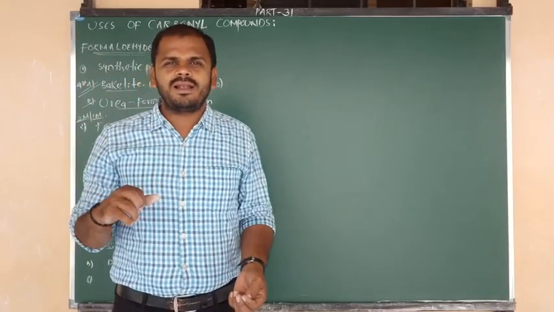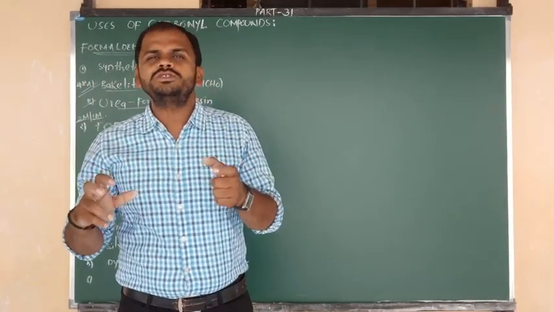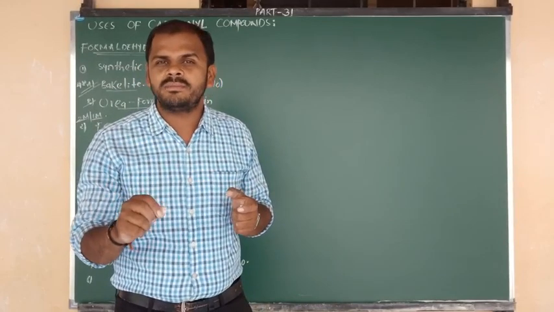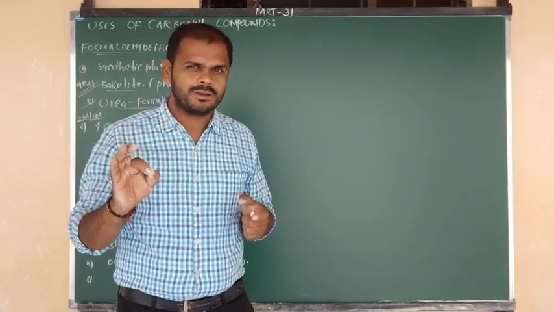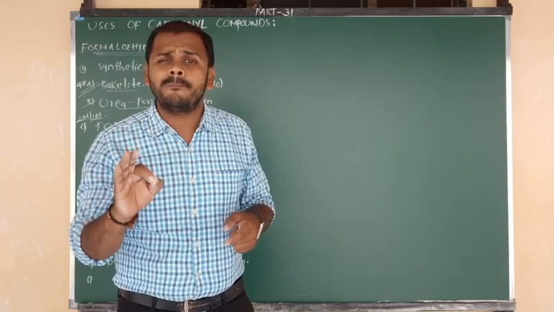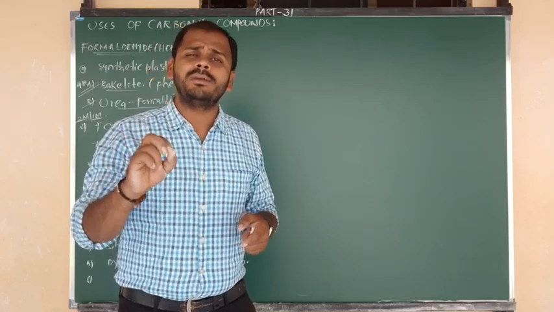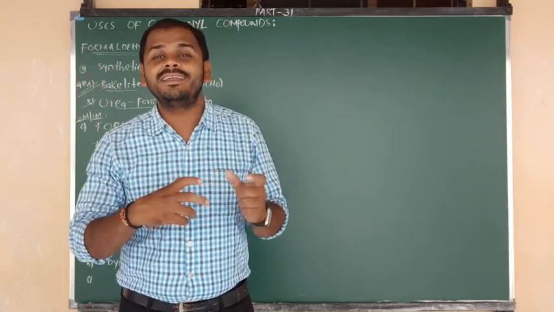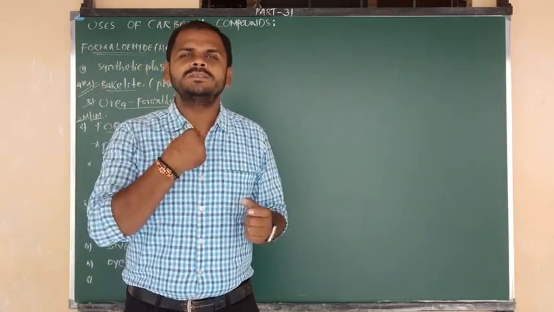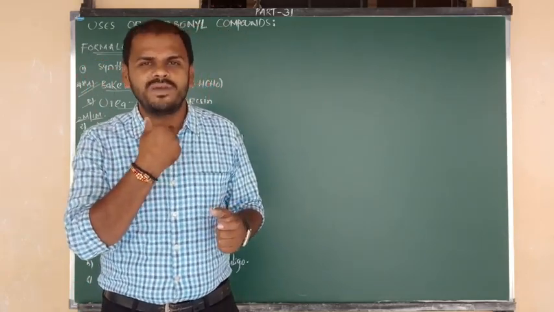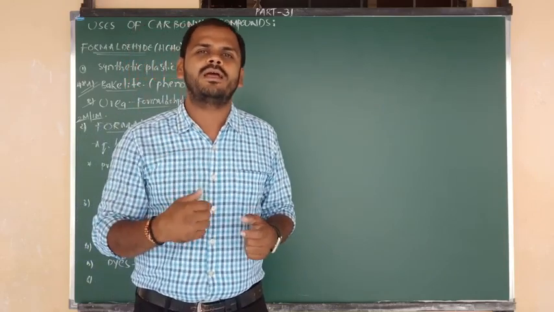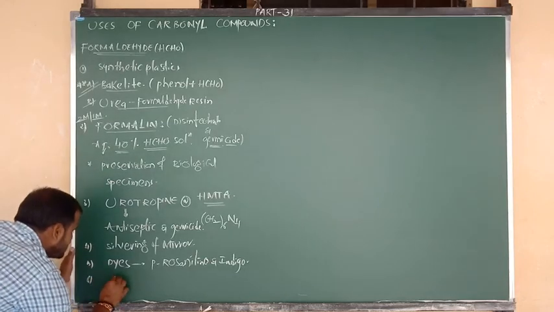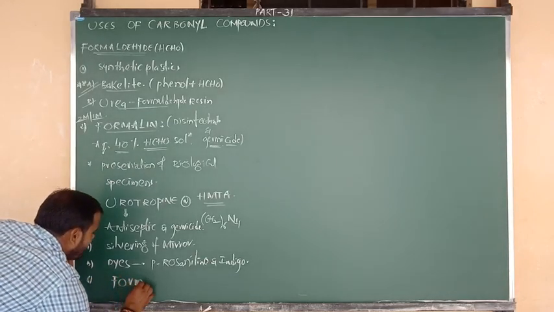by using formaldehyde, it can be used in the manufacture of one type of medicine. The medicine name is Pharmamint. What is the medicine name? Pharmamint. It can be manufactured by the use of formaldehyde, and it can be used in the treatment of especially throat infection, especially tonsils. So what is the name of the medicine?